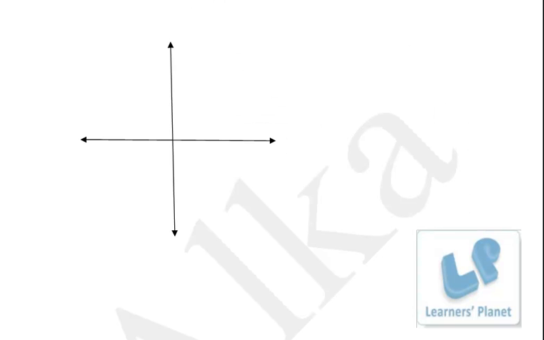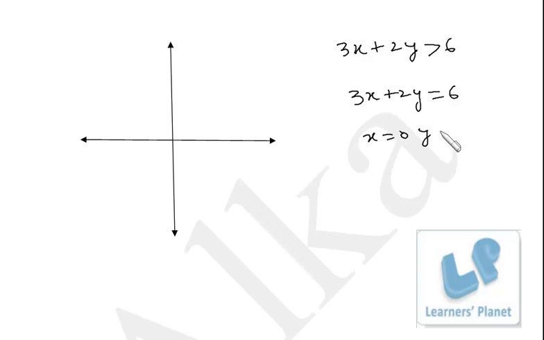Now we solve an inequality that is 3x plus 2y is greater than 6, right? So first of all, we take 3x plus 2y is equal to 6 and draw this line. When x is 0, y is equal to 3, and when y is equal to 0, x is equal to 2.